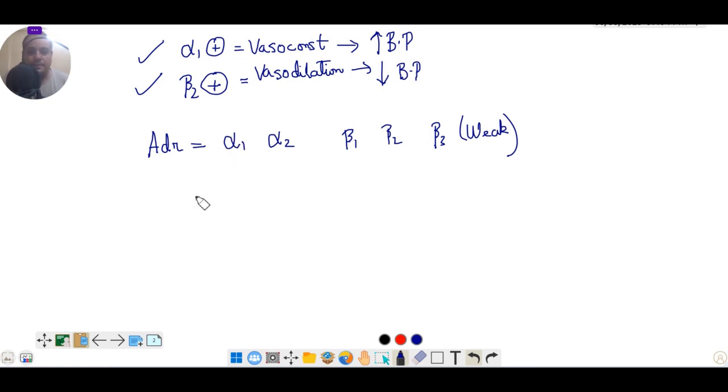So if we now look at the blood vessel action, adrenaline is going to stimulate both the alpha 1 as well as the beta 2 receptors. Now the receptors of alpha 1 are strong receptors, whereas the receptors of beta 2 are sensitive receptors.